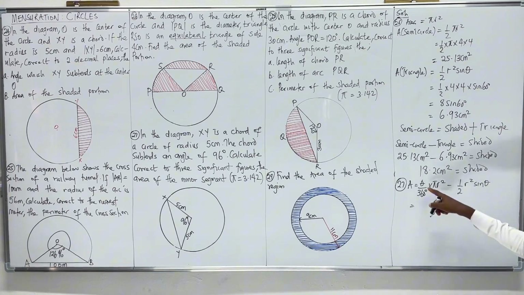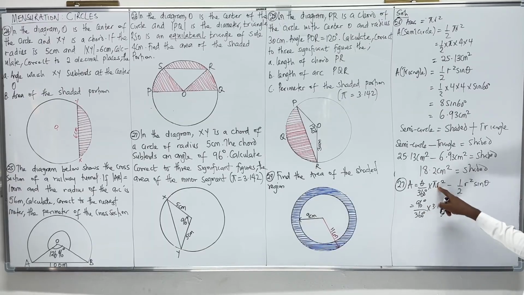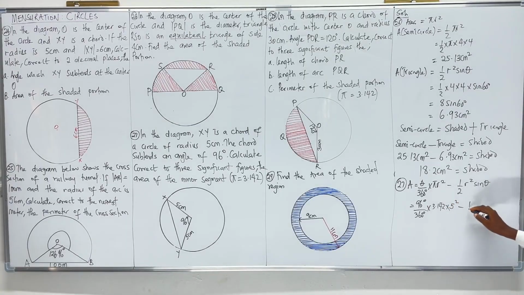All right. So this very thing that we have, the angle is 96 divided by 360 times 3.142. R is 5 cm, so that's 5 squared. Minus half times 5 squared sine 96 degrees.